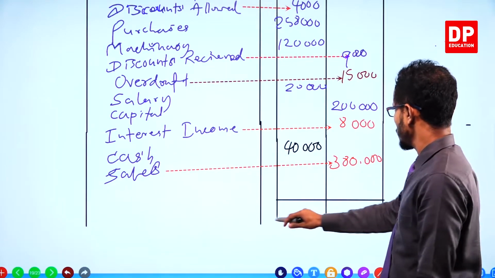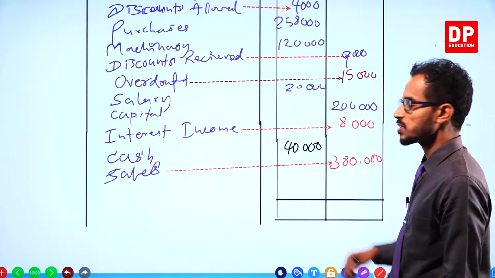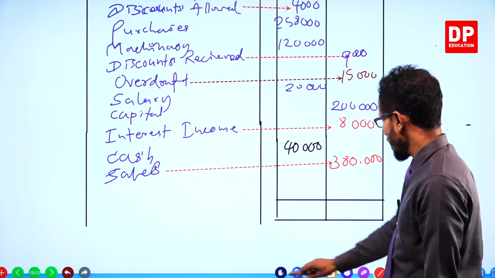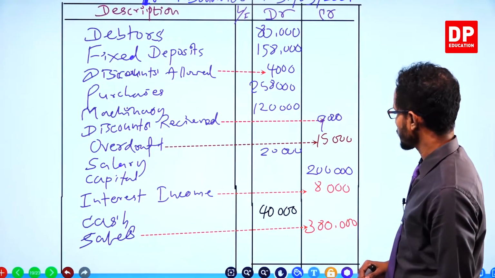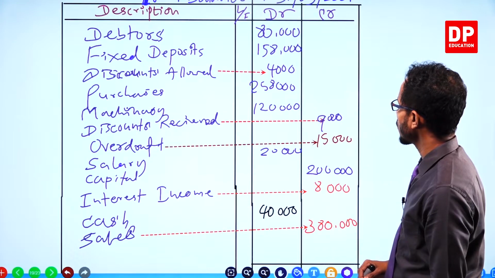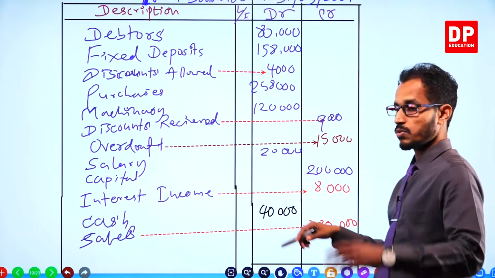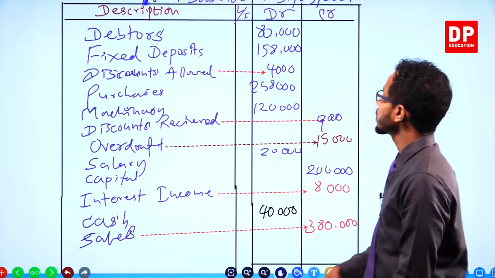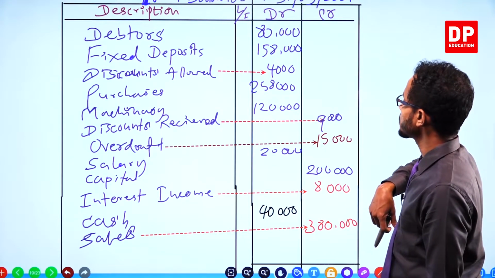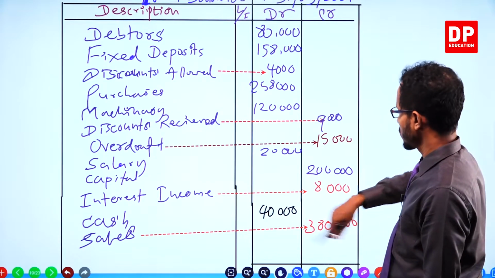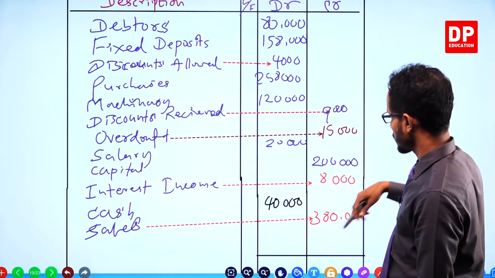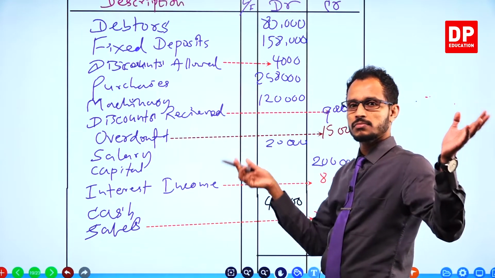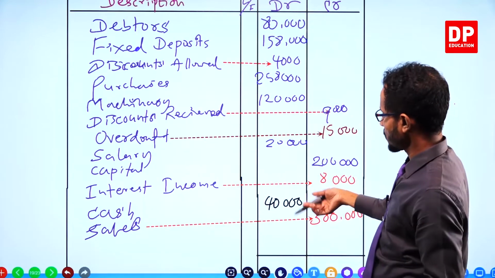We are almost done. Let's take the sum total. Let's sum up the debit side and let's sum up the credit side, shall we? Let's sum up. Let's take the debit side. From bottom to top, it doesn't matter. You can come from top to bottom or bottom to top.